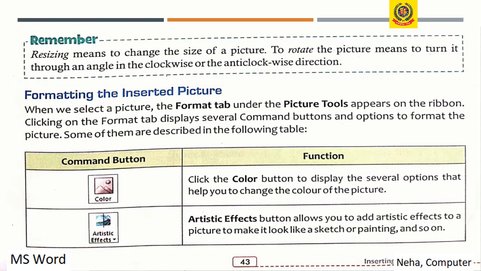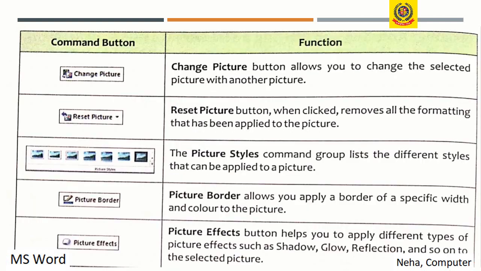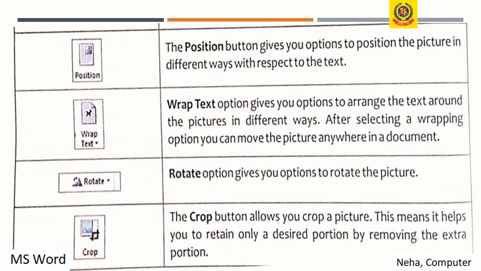Like first is color, second is artistic effects, next change picture, reset picture, picture styles, picture border, picture effects, position, wrap text, rotate, crop. So these are some of the command buttons which can be used on a picture to make it more attractive and interesting.